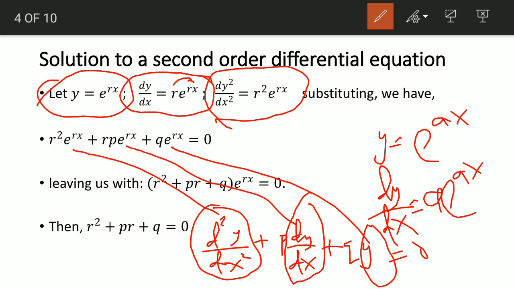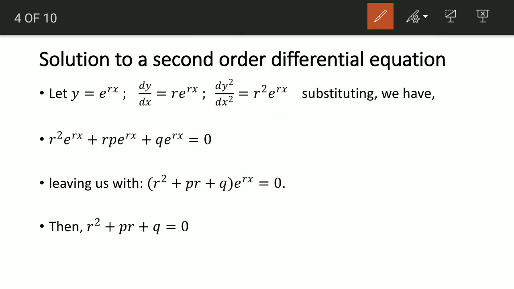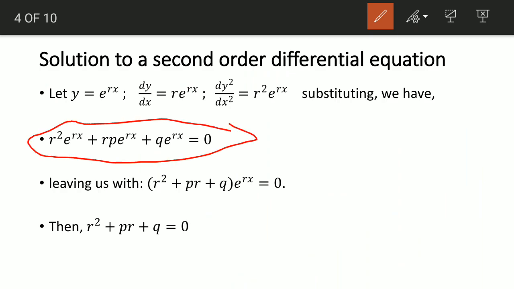Okay, so that's exactly what we get when we substitute these values into the differential equation. So we get this. Now you notice that exponential rx is common throughout, so if we factorize exponential rx, we are going to get this.